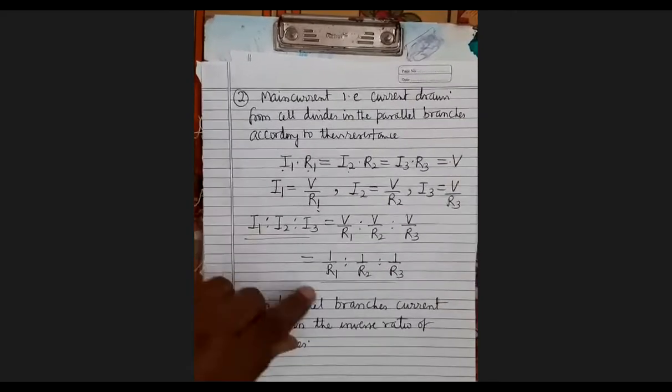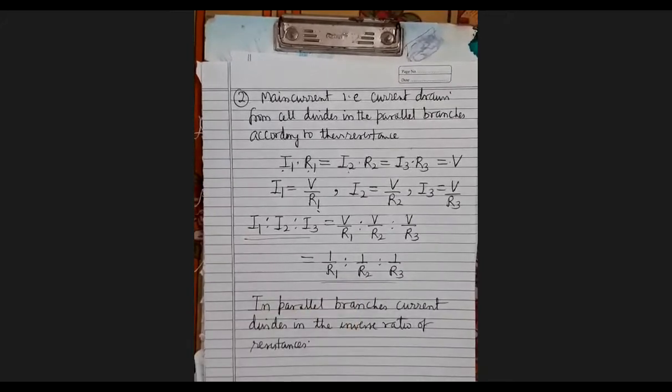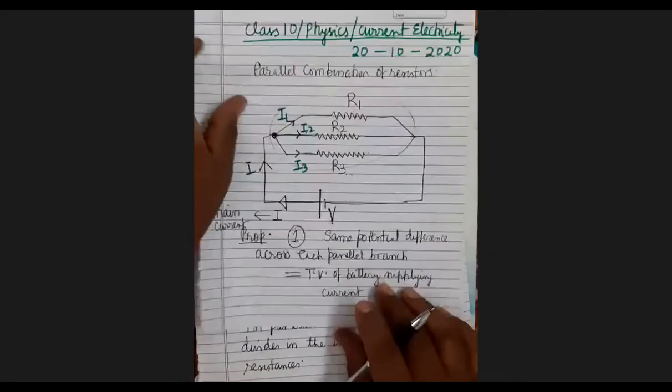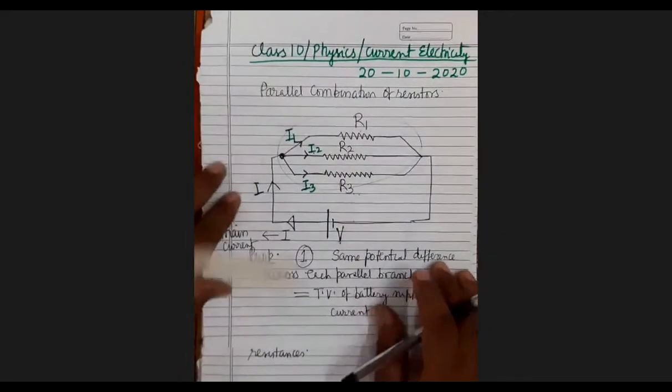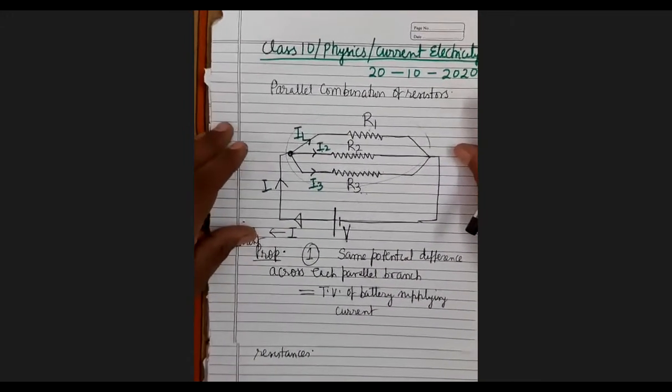Means the more the resistance, the less will be the current. It's clear. What will be the equivalent resistance here? How will you determine the equivalent resistance? In our course, there is only the direct formula.